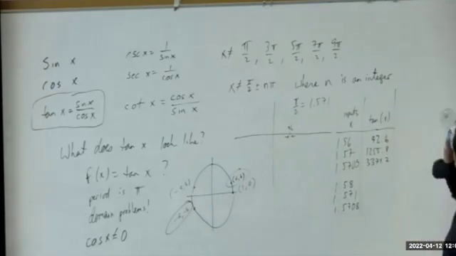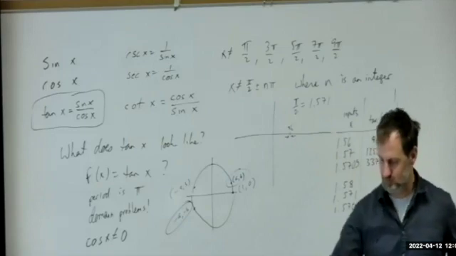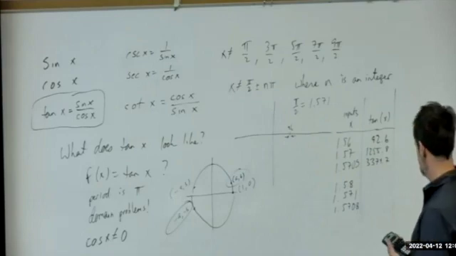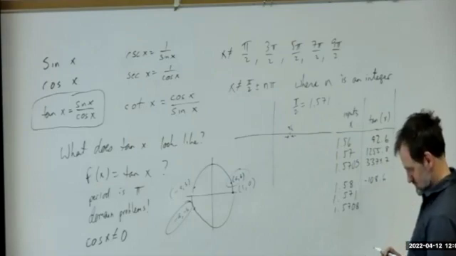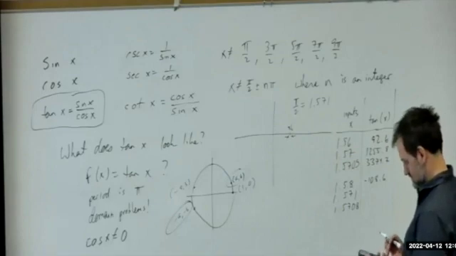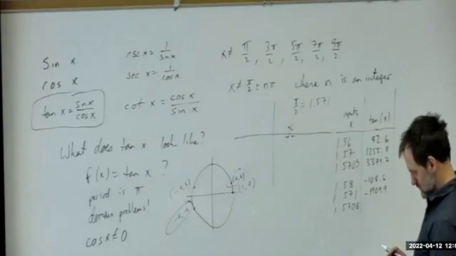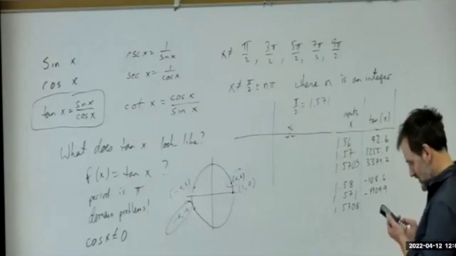Getting smaller, getting closer to pi halves. 272,000.